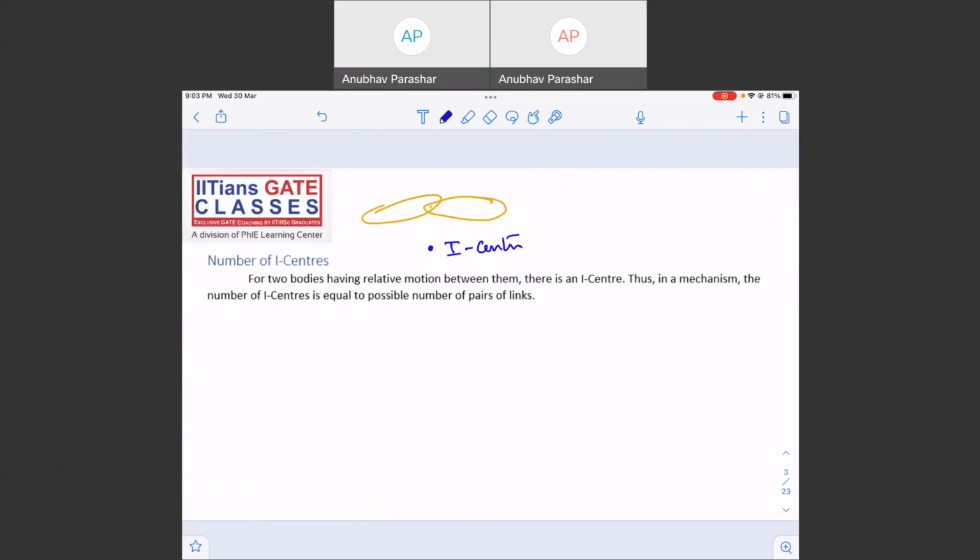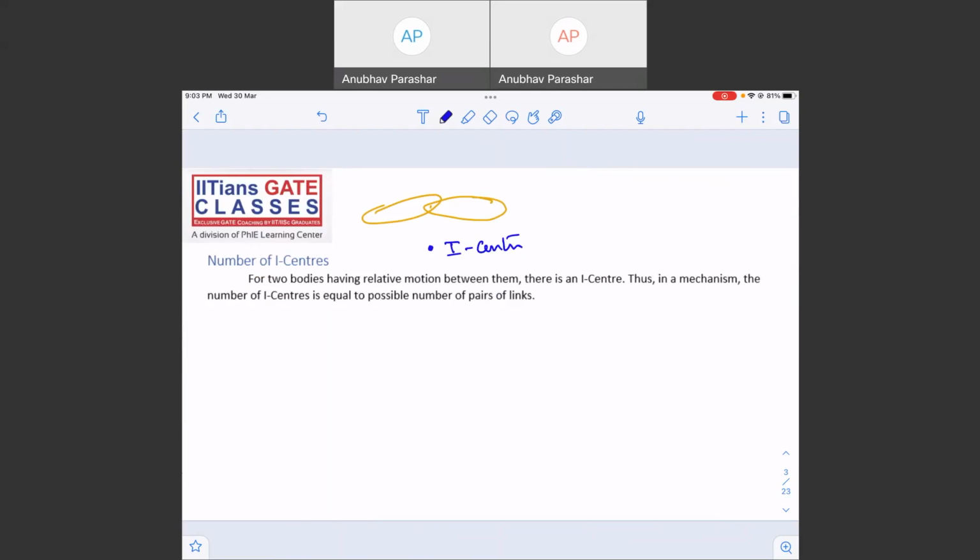Now if there are more than one body, suppose there are two bodies, linked, having some kind of relative motion with each other, even then we can define this I center. We are going to see how exactly we will find it. It is a different method, not simply drawing the perpendiculars. We have to learn that method.